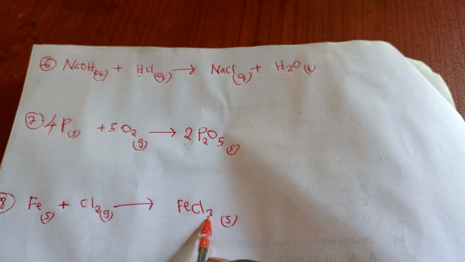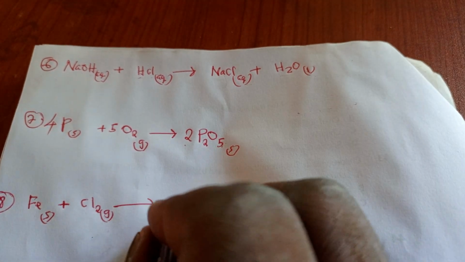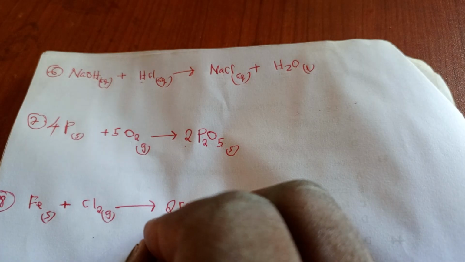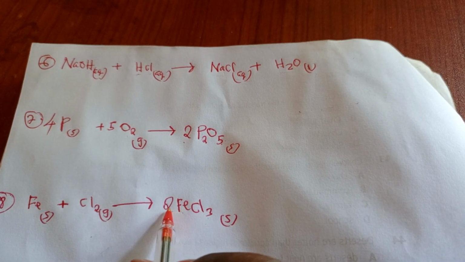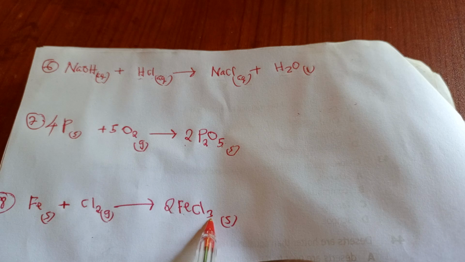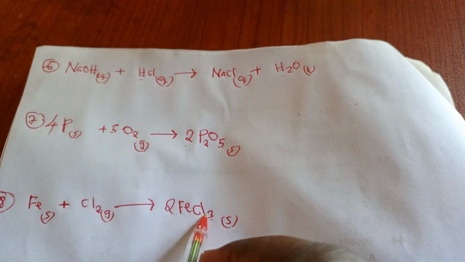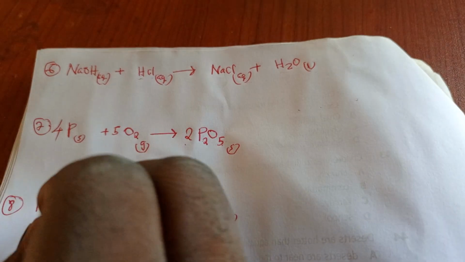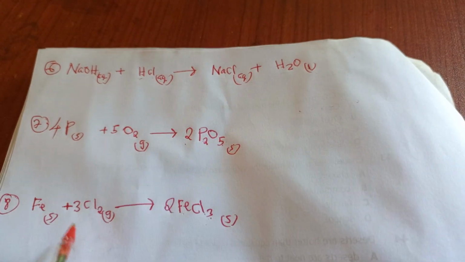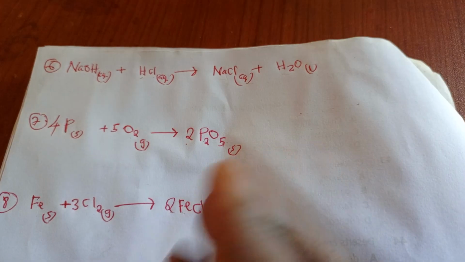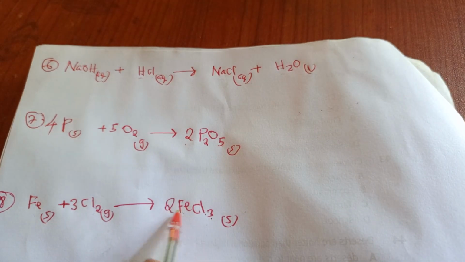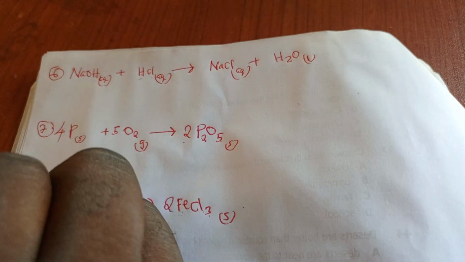Since this is 3, I'll try to put a 2 again here, so that I have 2 times 3, which is 6. So I have 6 here. Then chlorine here I'll put a 3, so that 3 times 2 will be 6 as well. Then iron here it's 2 because of this 2, so I'll put a 2 here.